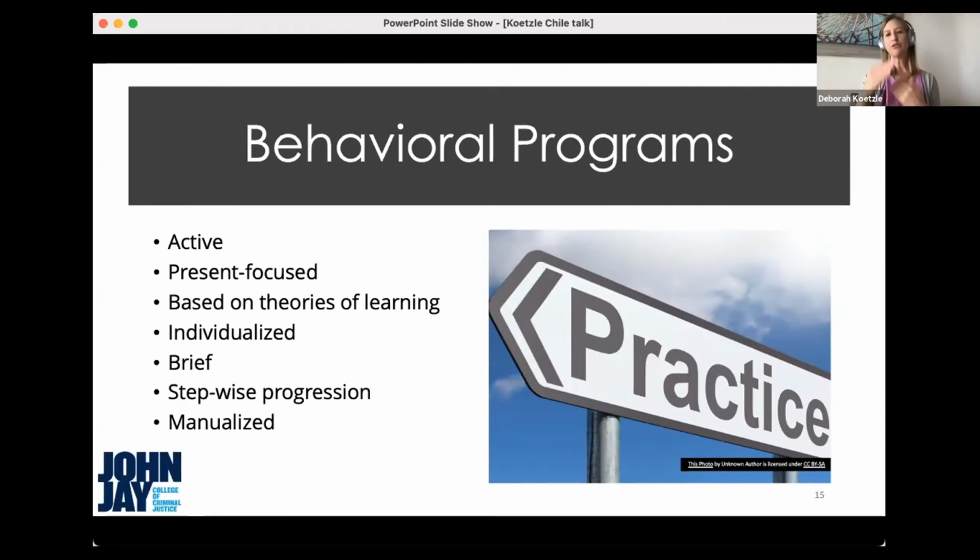We can make it increasingly more difficult, and we can have them practice when they're back home or in the community. So in doing this, we're not just talking hypothetically about how you would handle a situation, but providing real concrete skills that are increasingly getting more difficult, which means they're increasingly mimicking reality and becoming internalized, so that they can then use them.